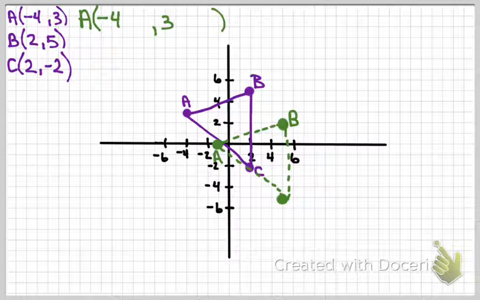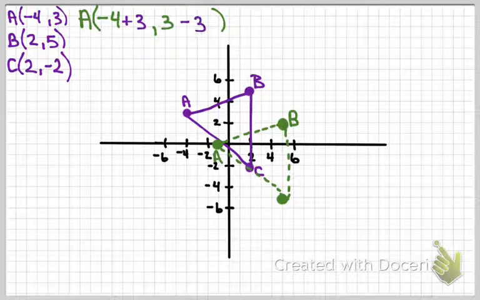If I'm moving right, it's positive. So all I need to do is add 3 to my X value for each point. That's all I do. And if I'm moving 3 units down on the Y value, would that be minus 3 or plus 3? Minus 3.